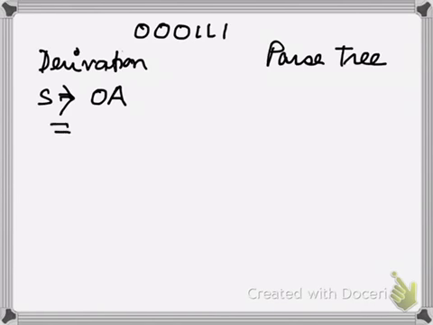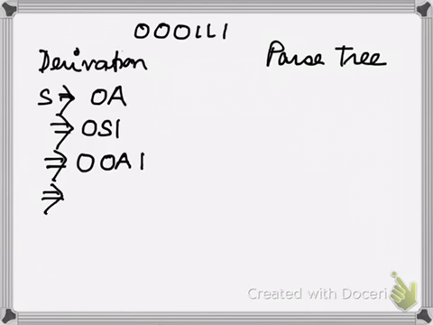Then what we will do? We will expand A. So A will be S1. Then again next I have 0, and again S I will expand using the production S is 0A, and the 1 remains. Then again 0, 0. Again A I will replace by S1.